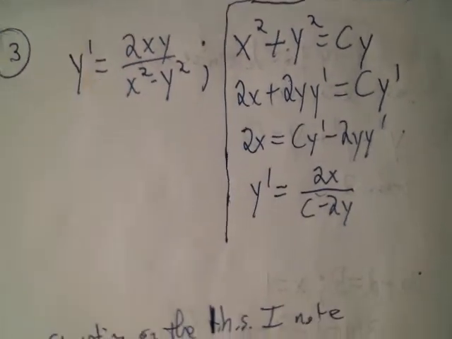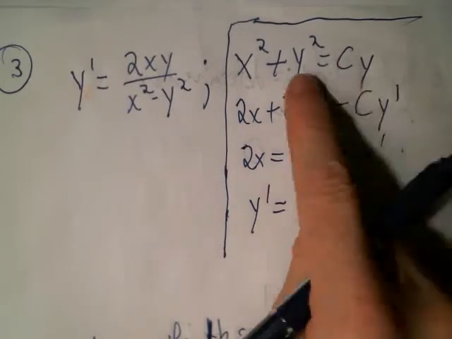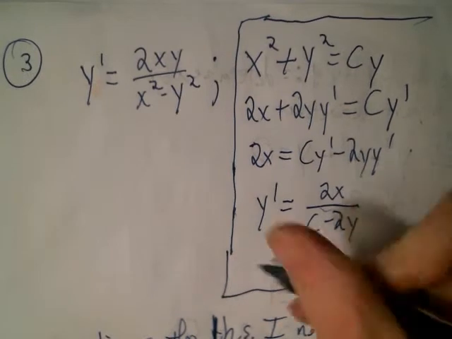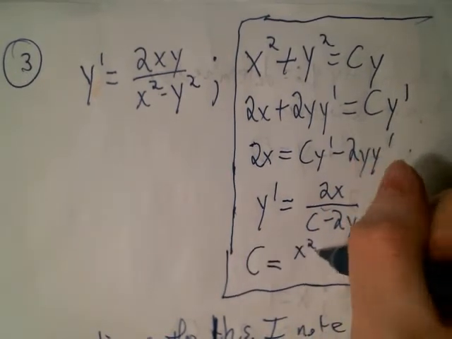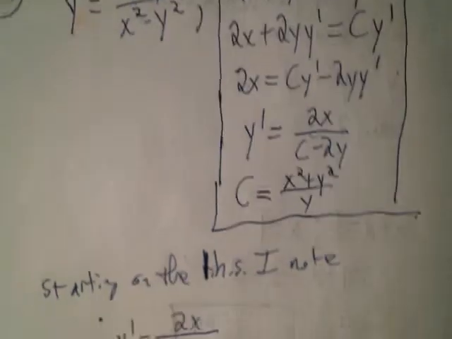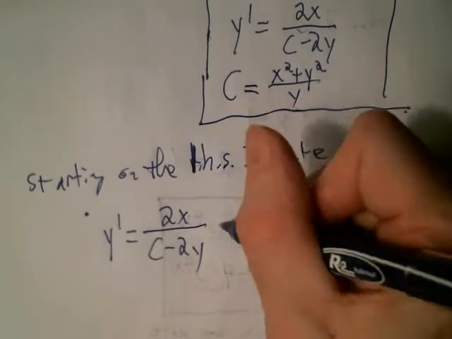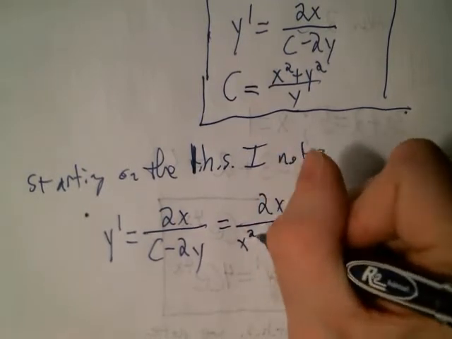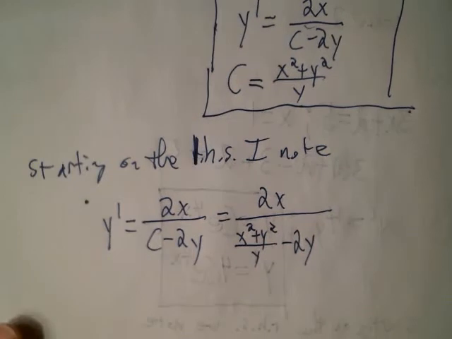So another thing I could do is, like I said, algebraically, you can solve these things for other variables. So in particular, if I were to solve that for c, I'd have c equals x squared plus y squared all over y. Okay. So I'll just take that expression and plop it into here. So this will equal 2x all over x squared plus y squared over y minus 2y.